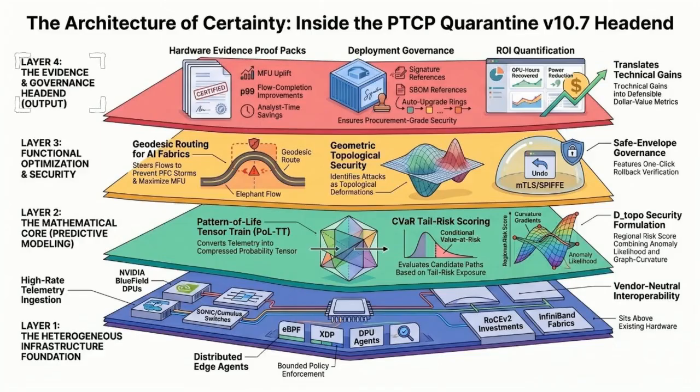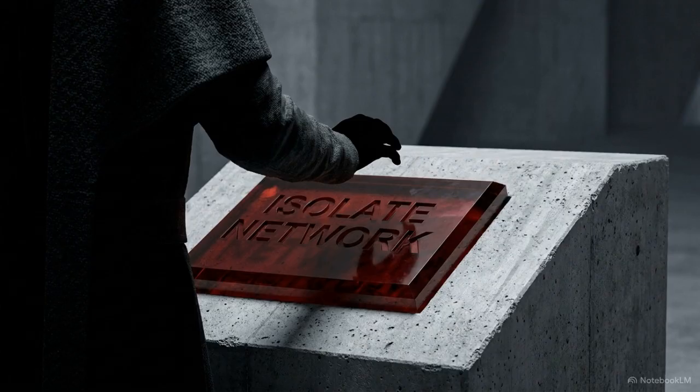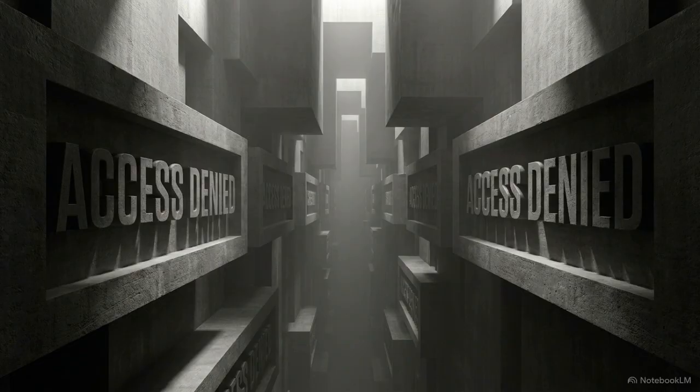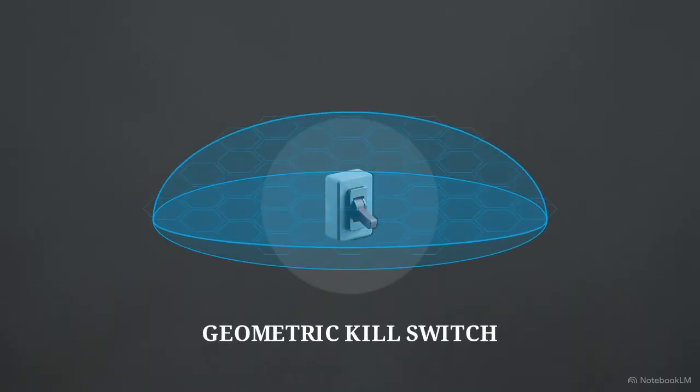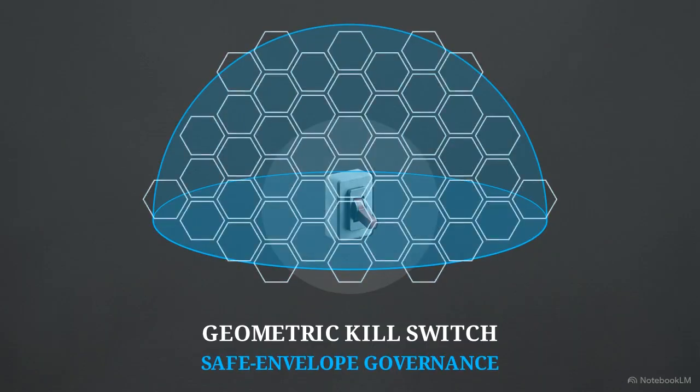Finally, Layer 4 translates these technical containment plans into defensible governance. Security operations teams rightly fear automated quarantine tools. A single false positive triggering a widespread firewall block can take down critical infrastructure faster than the adversary. To solve this, PTCP introduces the geometric kill switch, which operates entirely inside a safe envelope governance framework.